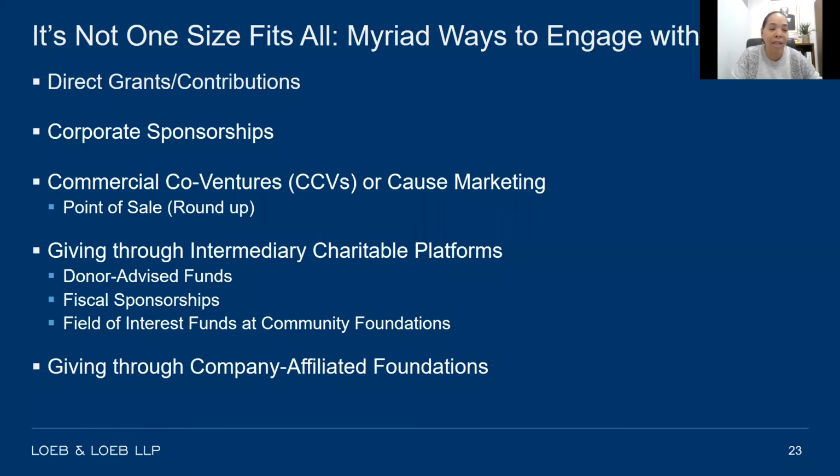Definitely, I advise brands, just as Narissa sometimes advises charities, but for the most part, I come at it with the 501c3 or sometimes 501c4 lens on these written grant agreements and corporate sponsorship deals that we're talking about. So I think this is a good chance for us to add that filter as we talk about some of these examples. This isn't all the ways, but it's certainly some of the key ways that I think align with the messaging that we've seen in the last couple of years that Narissa's been talking about.